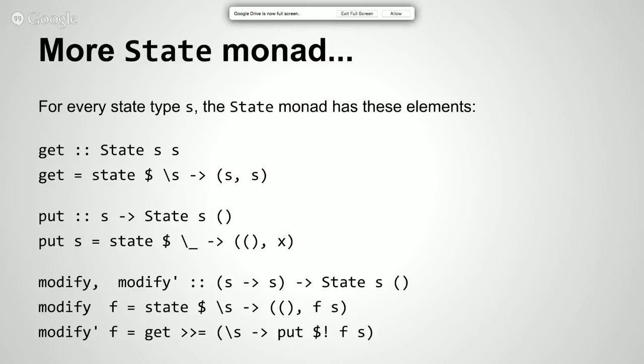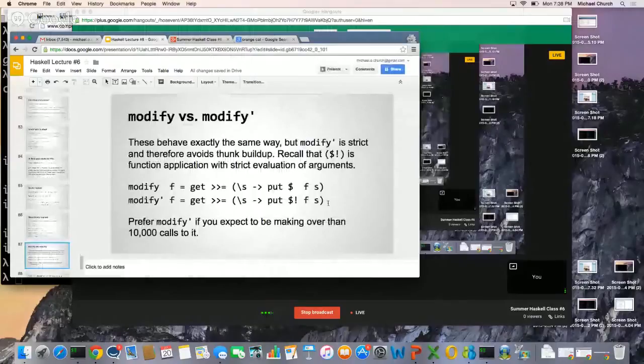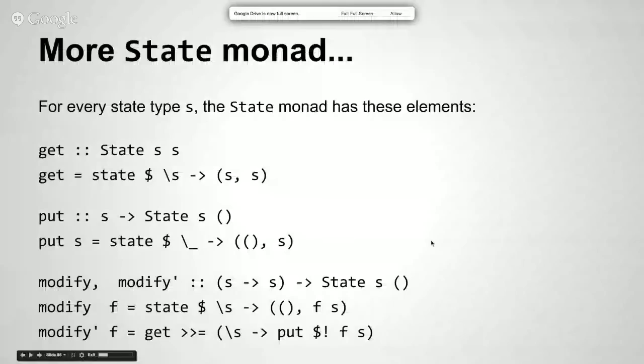Put is the function that ignores the old state and just sets the state to whatever you've put. This x should be s. And it returns a unit, so the value returned by a put has no information content other than, hey, I did it. Whatever you've put is the new state, and the old state is thrown out.